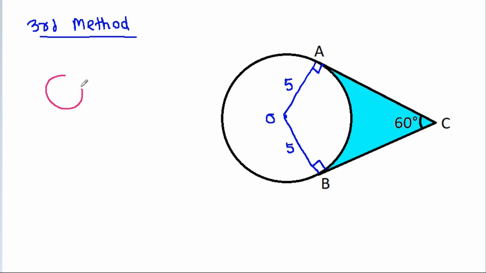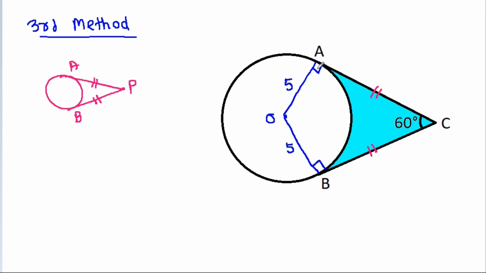And in any circle, from any point P, if we draw two tangents PA and PB, then PA will be equal to PB. So here CA will be equal to CB.